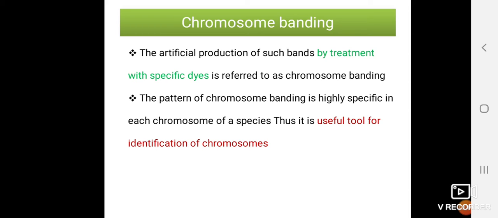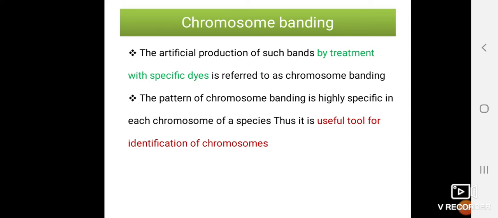So chromosomal banding produces artificially generated bands, because originally when we see a chromosome it is simply colorless. In order to visualize it, people stain it. When they stain it, it stains in different ways, and lighter stained regions and darker stained regions are formed.